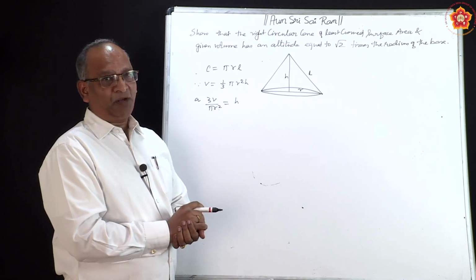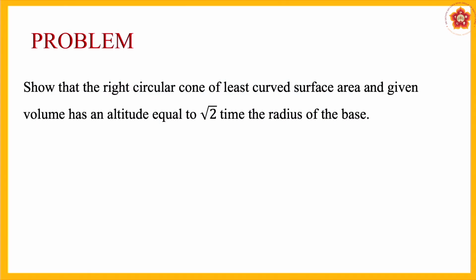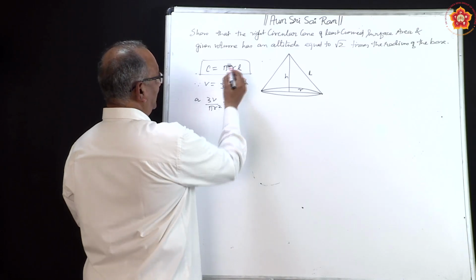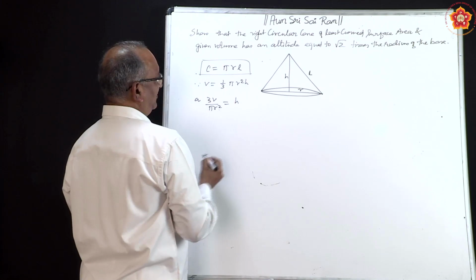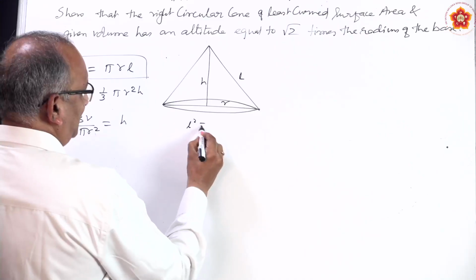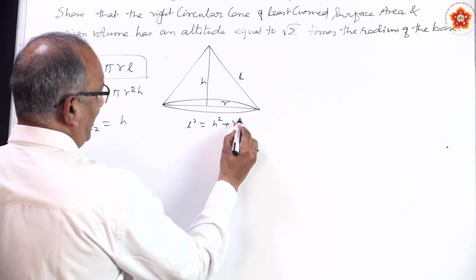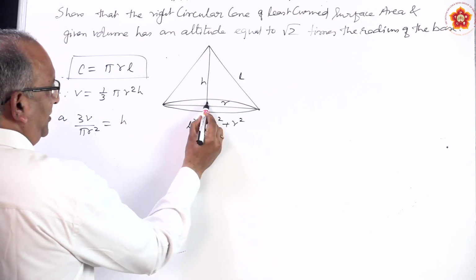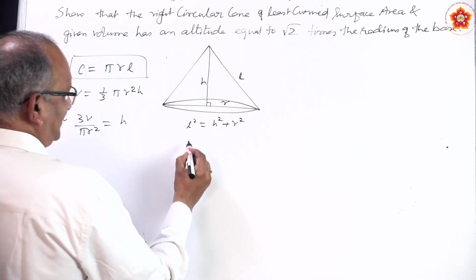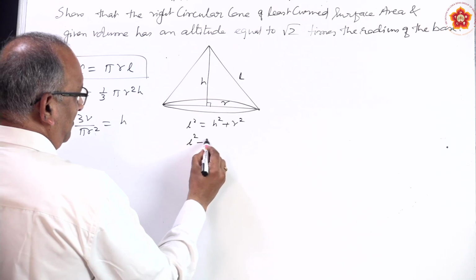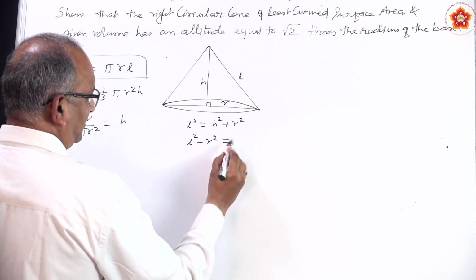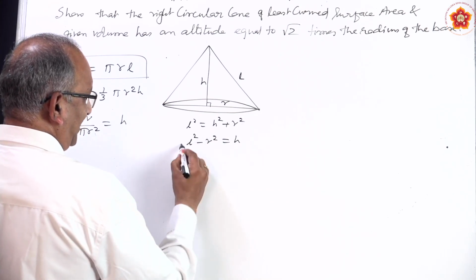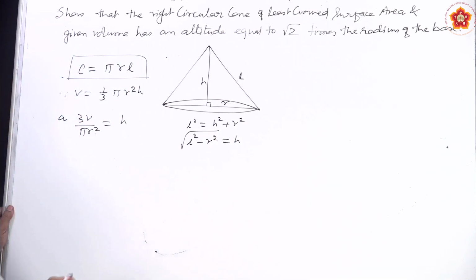Now let us go to the problem where he says minimize the curved surface area. This is the formula for curved surface area, and we substitute the value of L. We can say that L square is equal to h square plus r square by using the Pythagoras theorem, and L square minus r square equal to h square, or if you take the square root, this is the value.